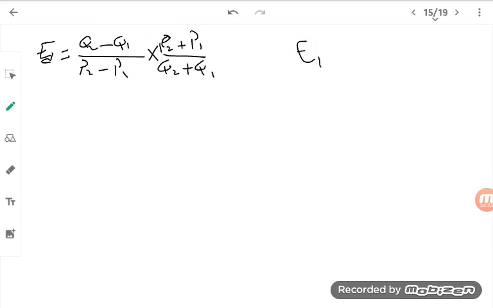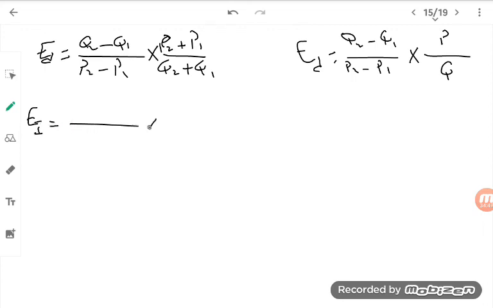Point: (Q2 - Q1) over (P2 - P1) multiplied by P over Q. Income: (Q2 - Q1) over (I2 - I1) multiplied by (I2 + I1) over (Q2 + Q1).